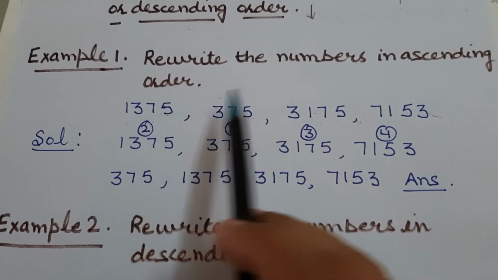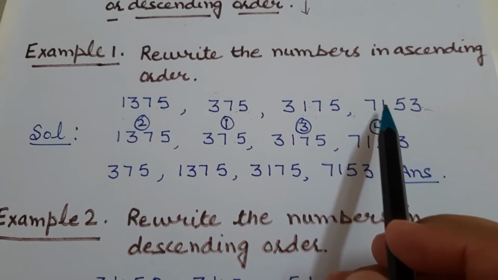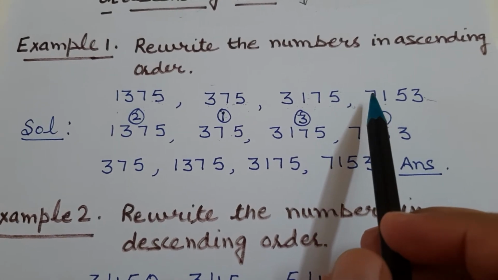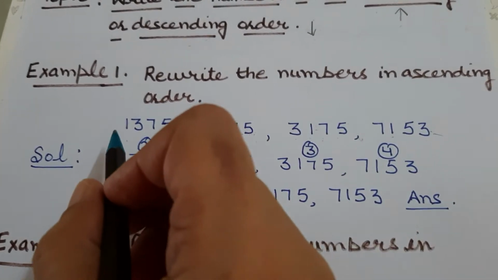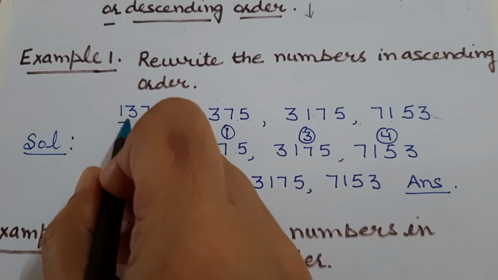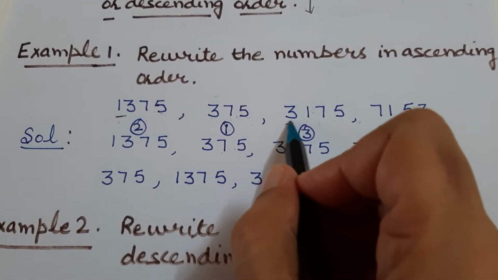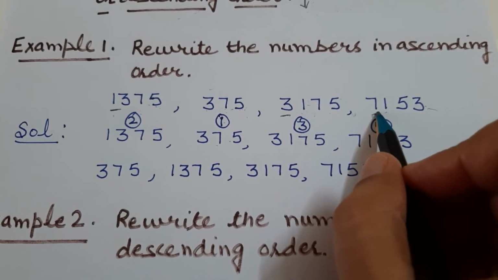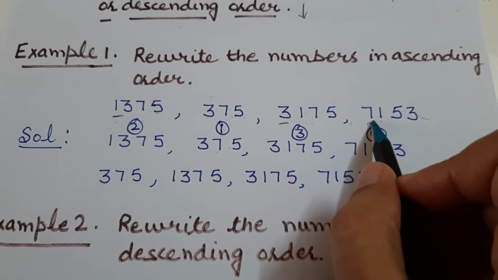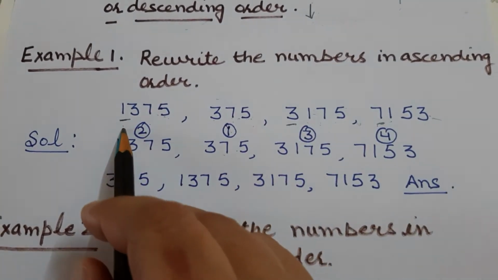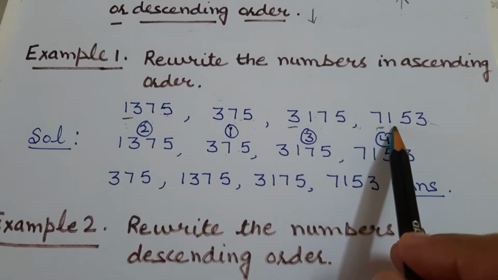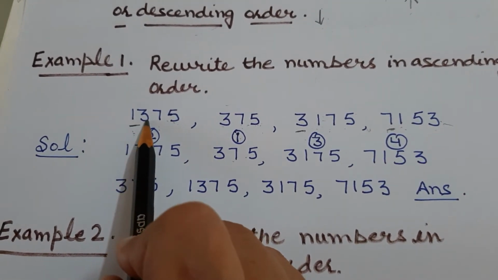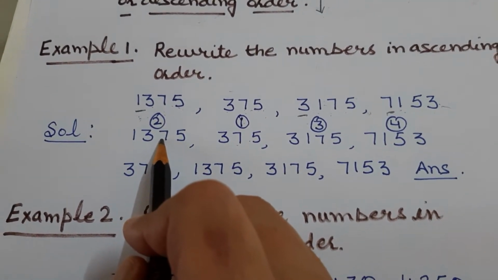Now you will compare these three numbers. How do we compare? We compare with their first place. On the first place this has 1, this has 3, this has 7. Which is the smallest? 1 is the smallest, so this number will come on second place.